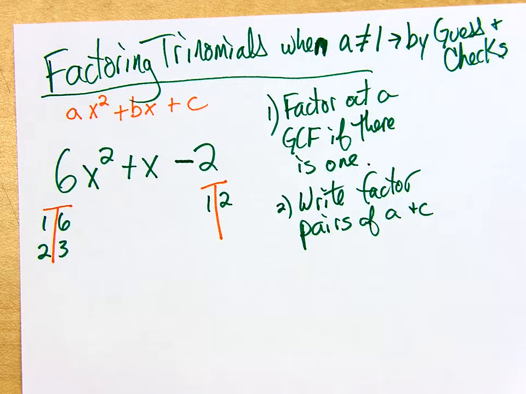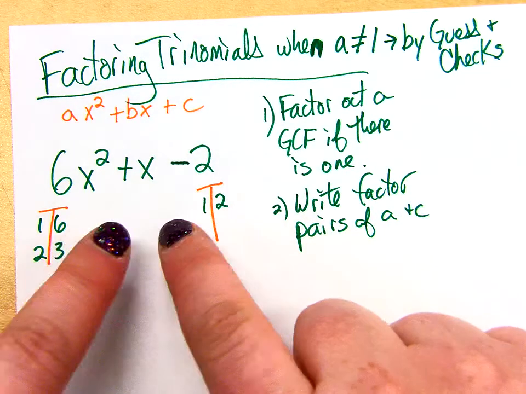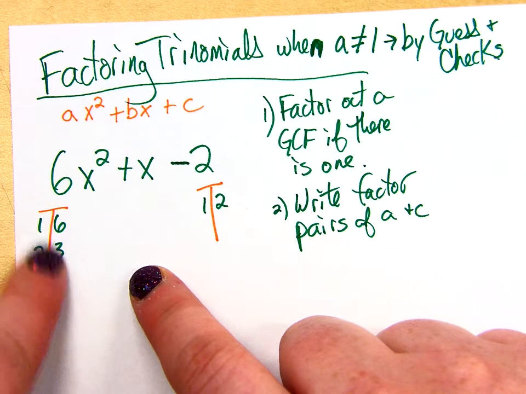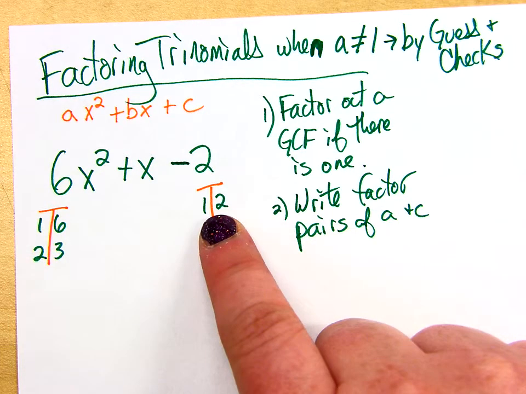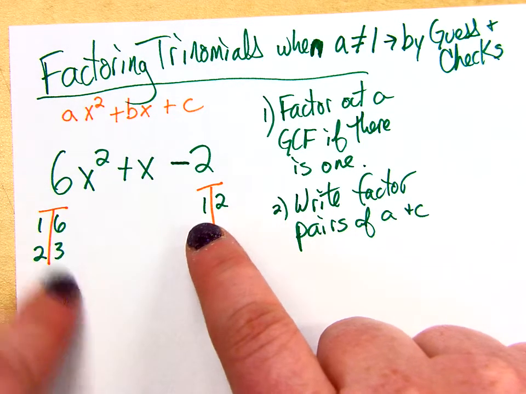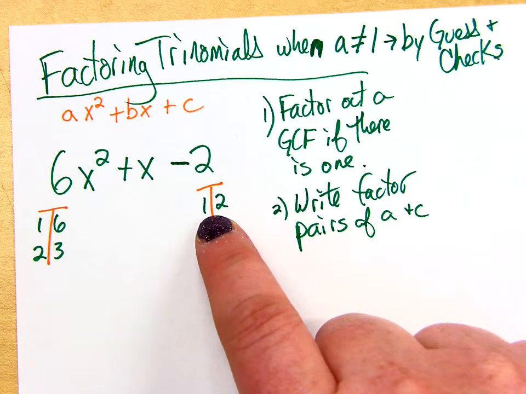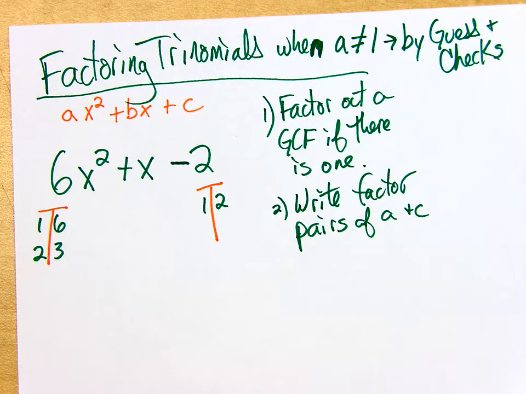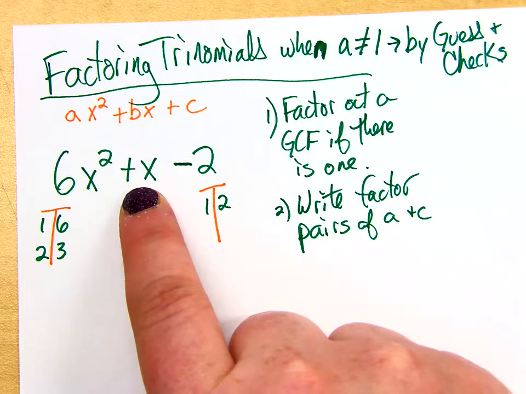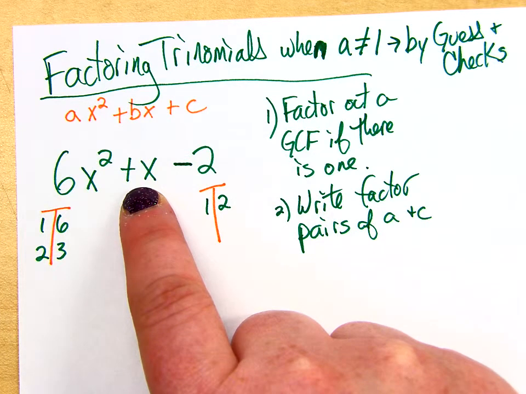Now, here's where the tricky part comes in. I want to find a mixture, one of these pairs, with this pair, because that's the only one there, but one of these two pairs with this pair, and I want to figure out a combination of those numbers to get me to a positive 1.